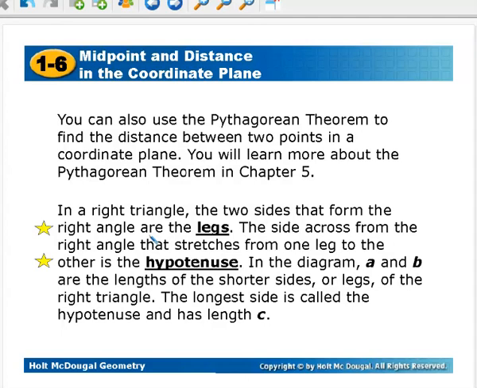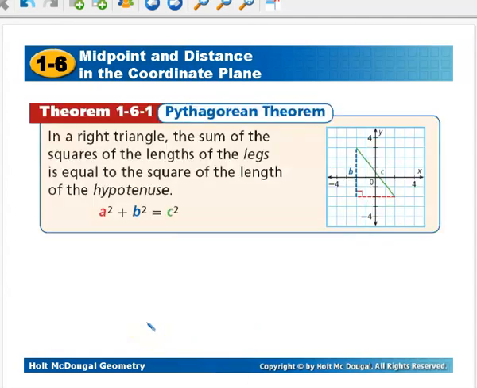Now in our diagrams, when we draw a right triangle, we use A and B for the legs, and most times you'll see C as the hypotenuse. So here's a quick diagram you can use about the Pythagorean theorem.